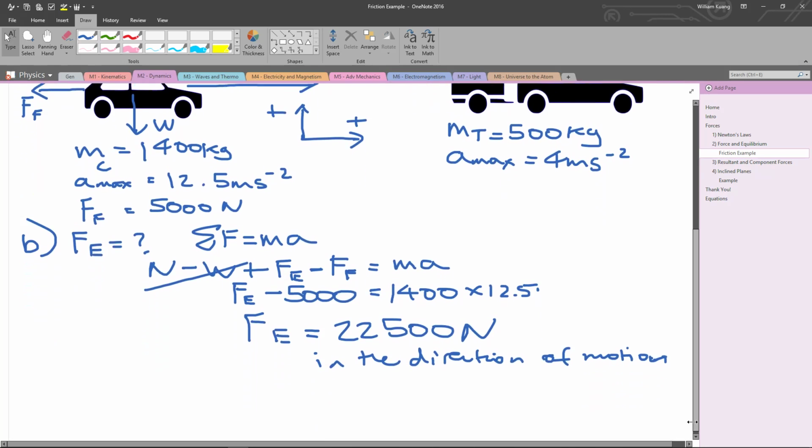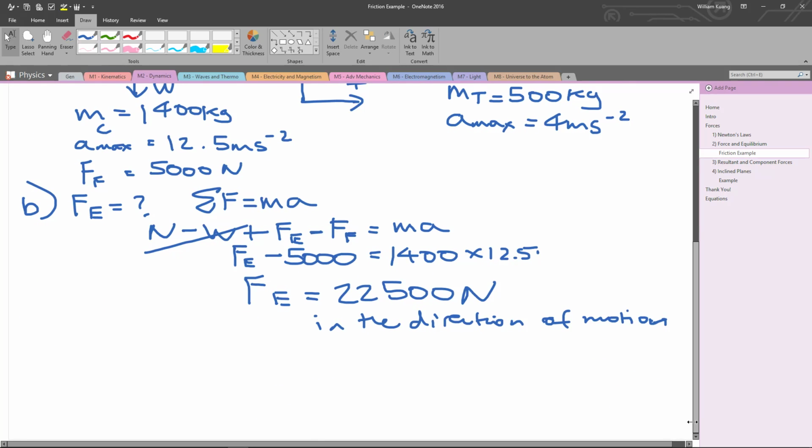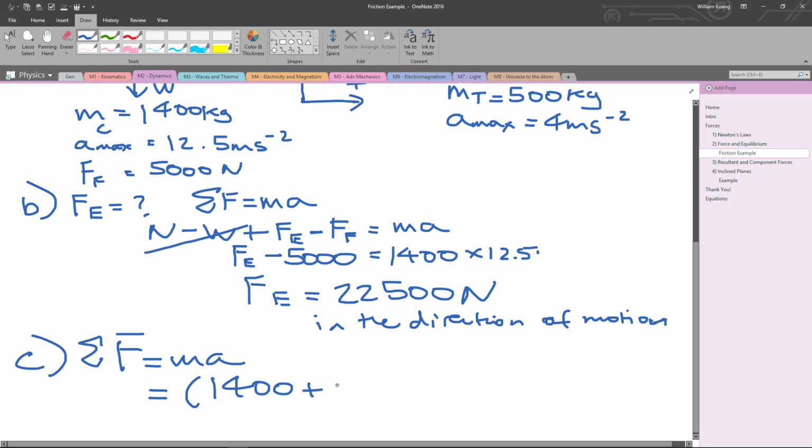All right, so part C. So this is actually like a shorter part of the question. So the net force, we use F equals ma with the sigma sign. Because this is both the trailer and the car now, we have to add the mass of the car, which is 1400 kilograms, plus 500 kilograms for the trailer.